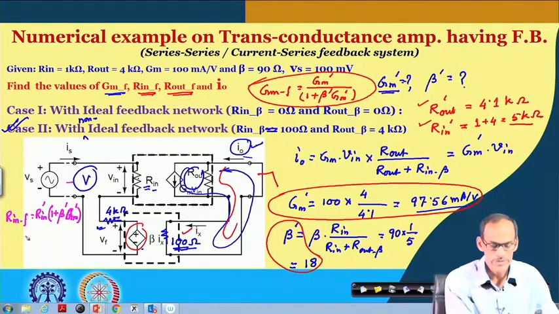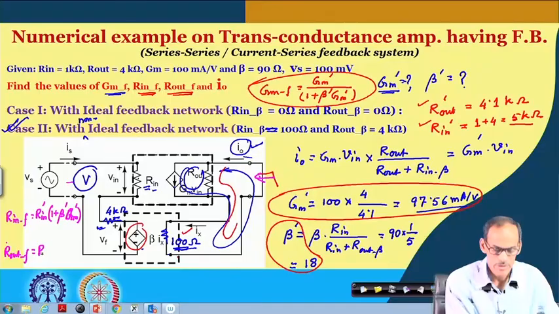And likewise, whenever we are talking about R out of the feedback system, here the output resistance is getting increased compared to its R out dashed.